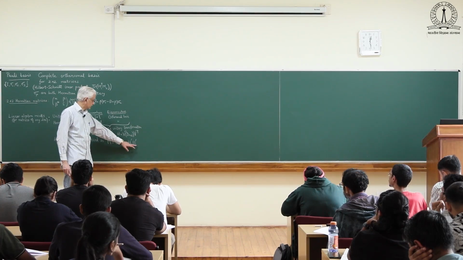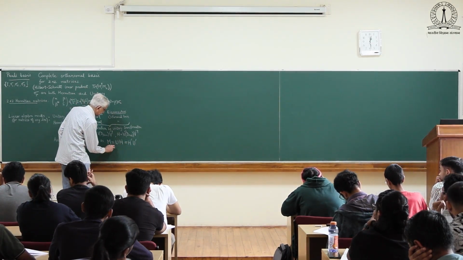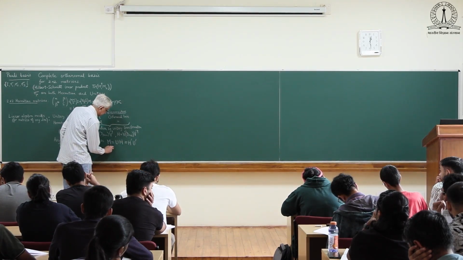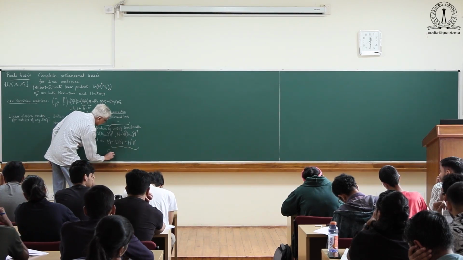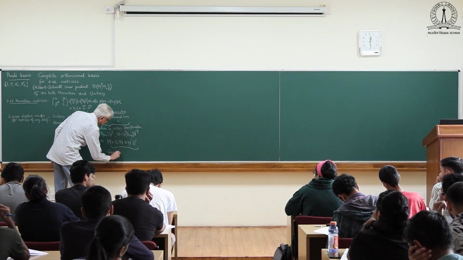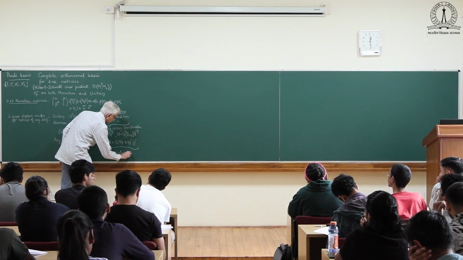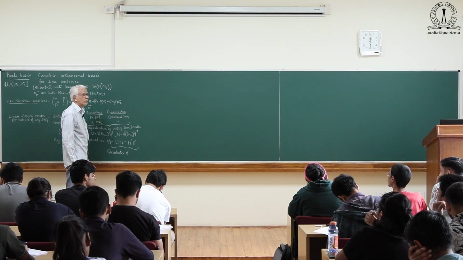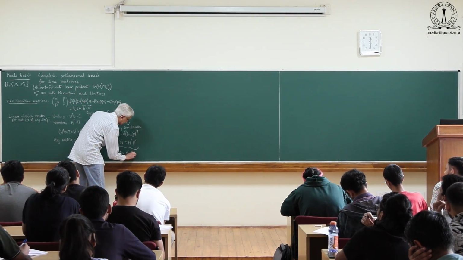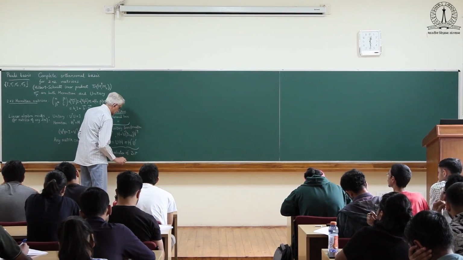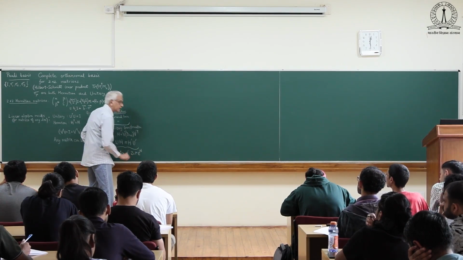What is the significance of it? That this is a generalization of what you know for complex numbers, which is any z is equal to r times e raised to i phi.